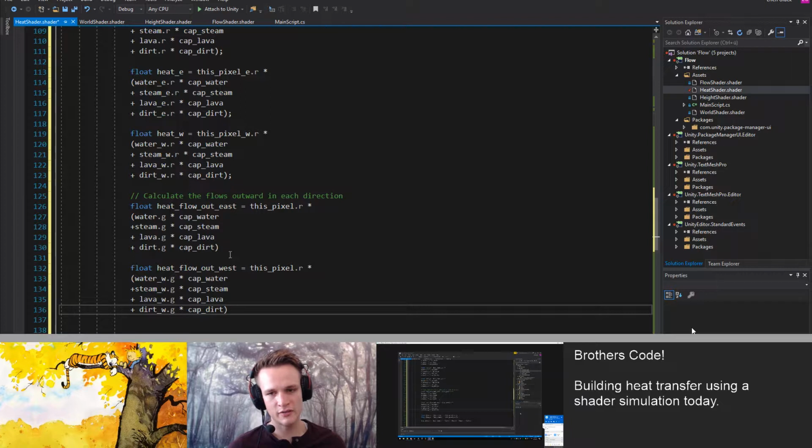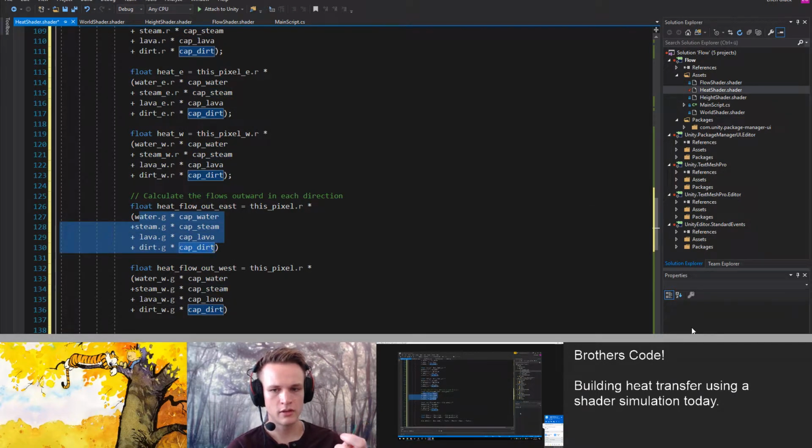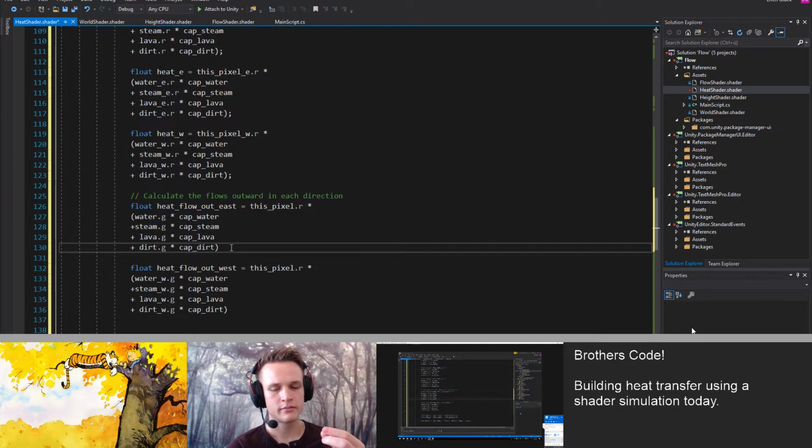So if you're flowing to the east and you're taking some temperature with you based on the capacity of each of the materials that is flowing, then that amount needs to be balanced on the target cell by a similar calculation.